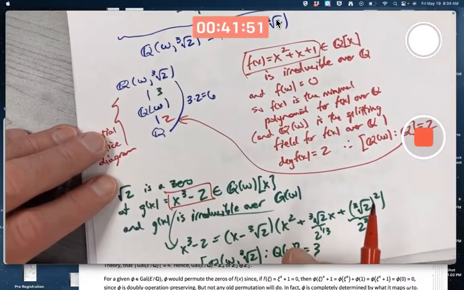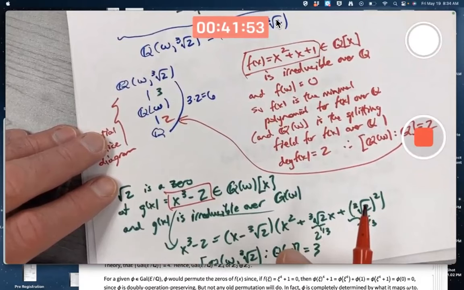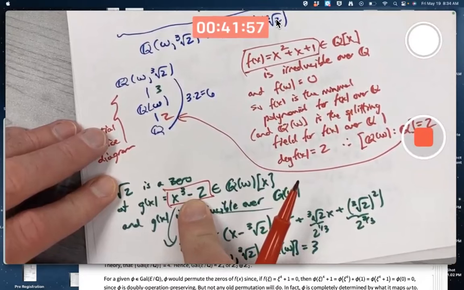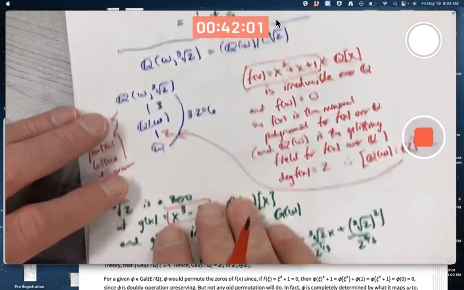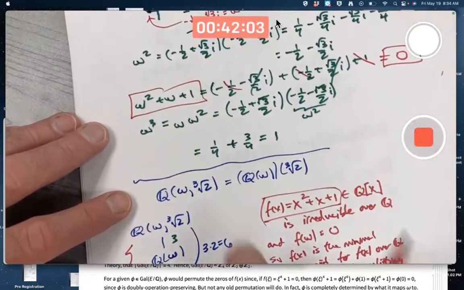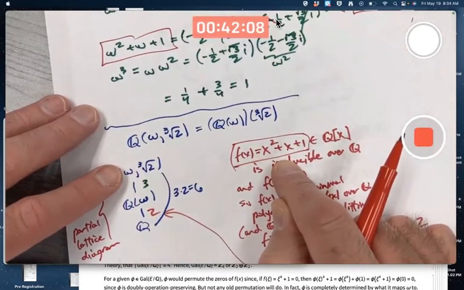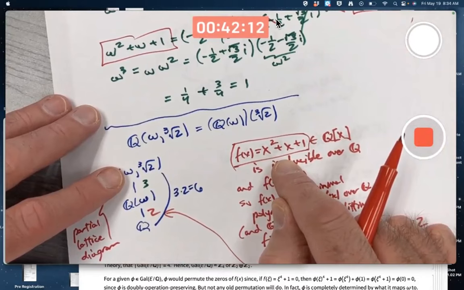Yeah, it would actually, because it's going to have all the roots of the product. The roots of this are cube root of 2, omega times cube root of 2, and omega squared times cube root of 2. And the roots of this are omega and omega squared. So yes, f of x will completely split in here.